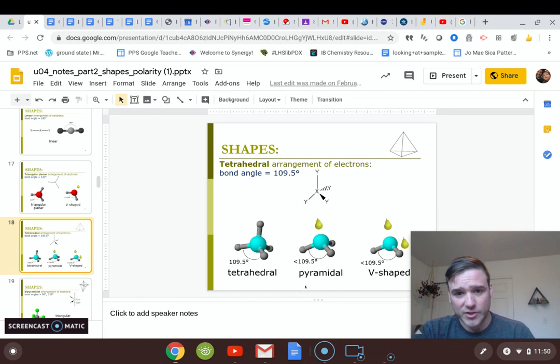This makes the structure look more like a pyramid, which is why it's called a pyramidal shape. And the angle itself shrinks as well because of that pushing of the lone pair. You can actually see it decrease by about 3 degrees. So we usually assume that this one is roughly 107 degrees, maybe a little bit more like 106.5, but roughly 107 is usually what we describe.